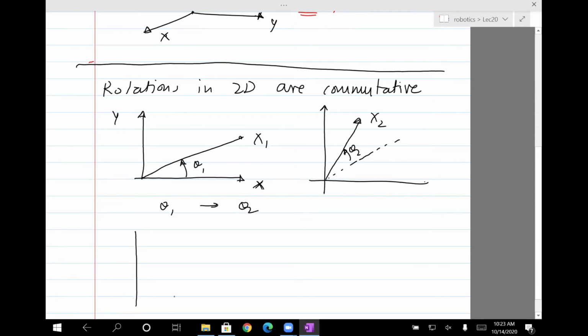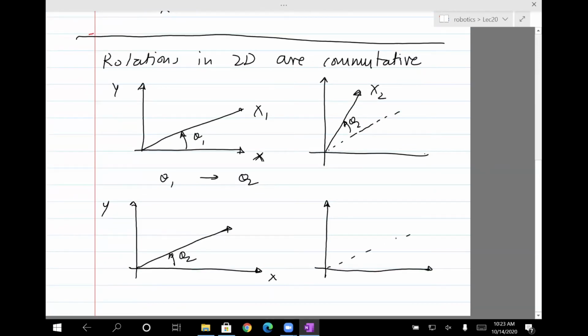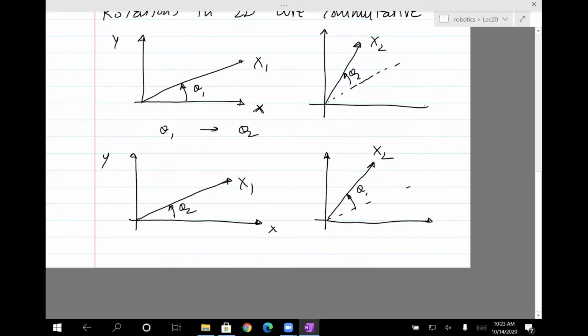If you reverse the order, we would have rotation about theta 2, and then rotation about theta 1, giving x1, x2.